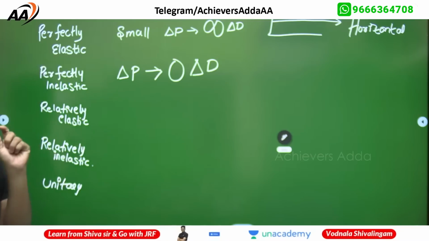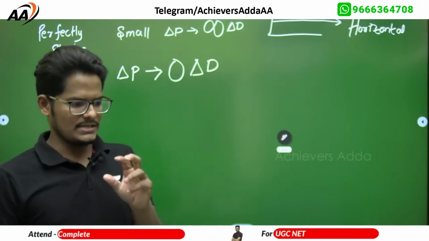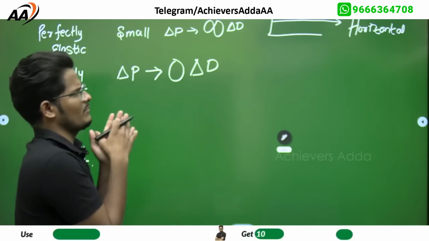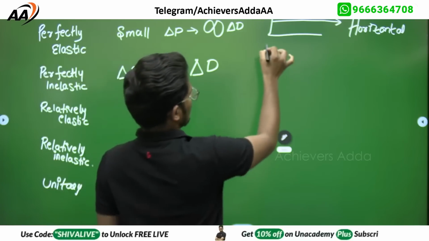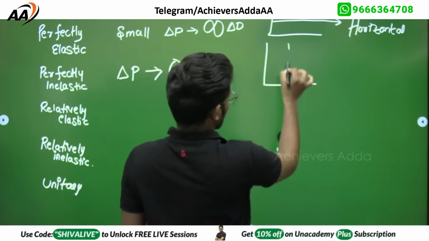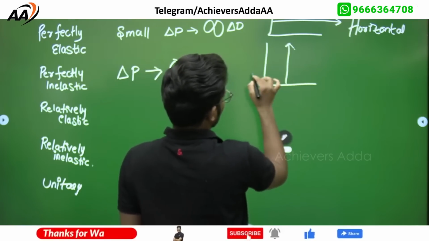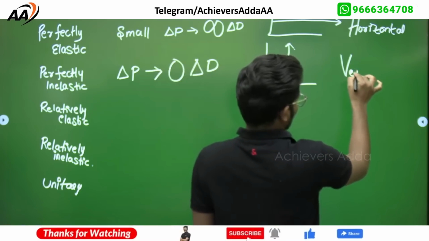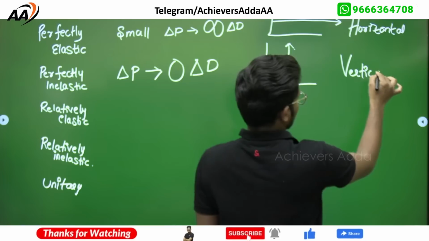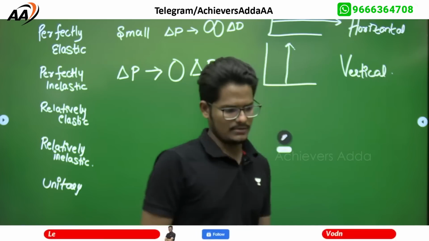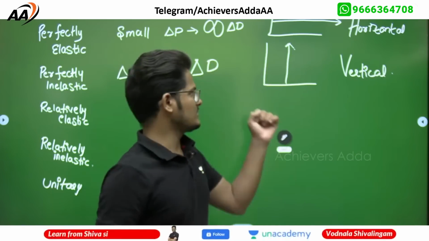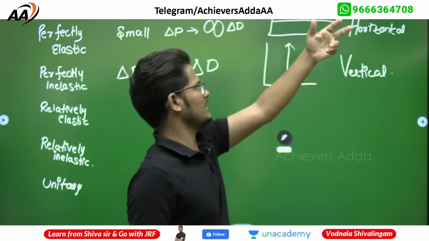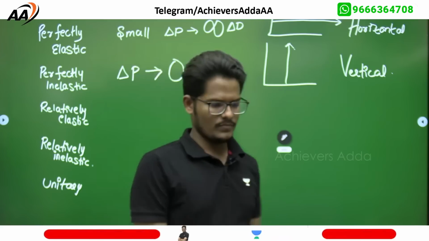The price is getting changed, but because of that change in price, there is no response in the demand. In such a case, the curve will be vertical, parallel to the y-axis. The other demand curve is parallel to the x-axis and horizontal in nature.